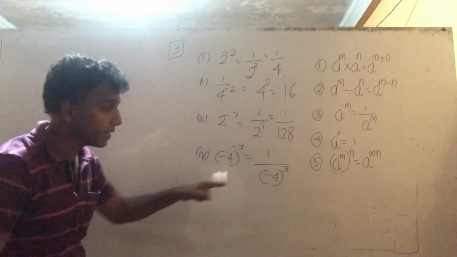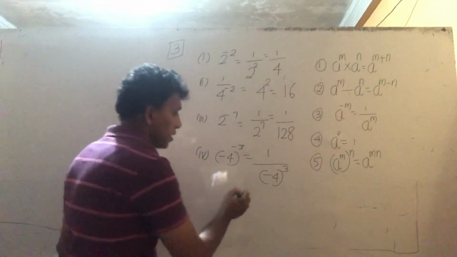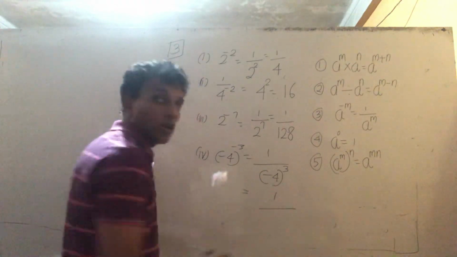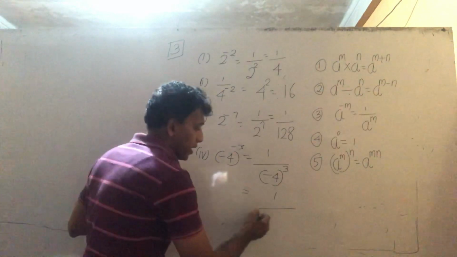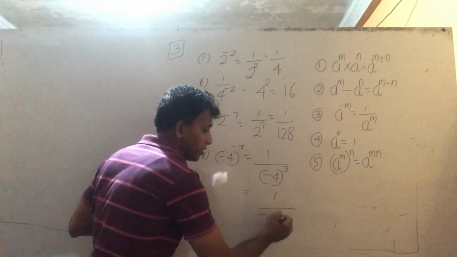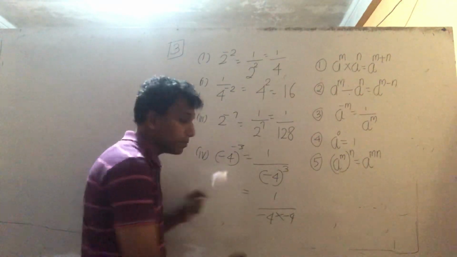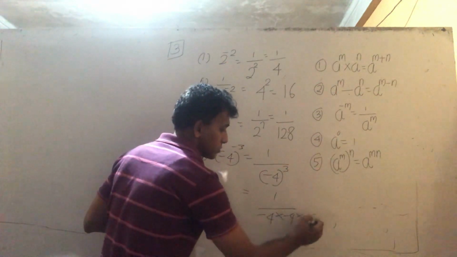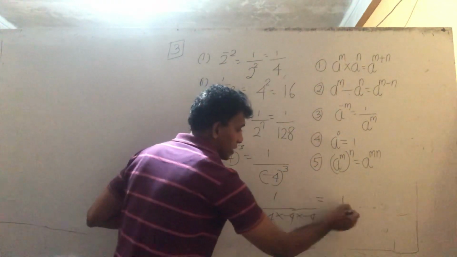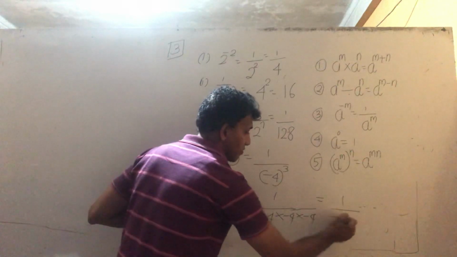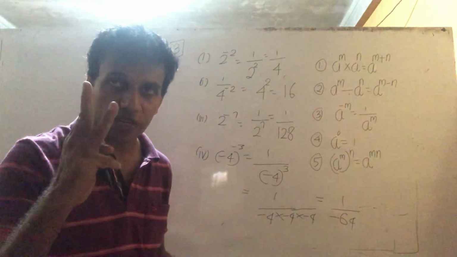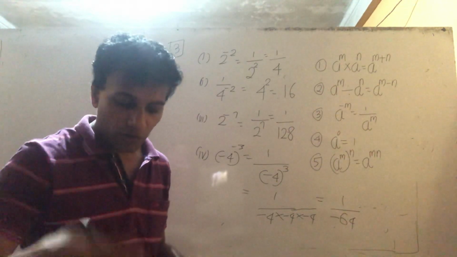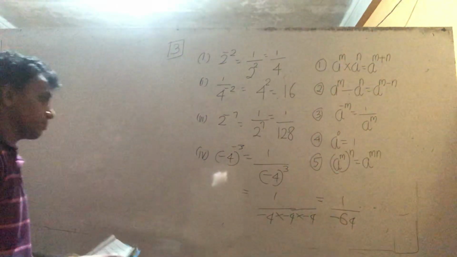Now no minus 3, right? Therefore 1 over, what does minus 4 to the power 3 mean? Minus 4 multiplied by minus 4 multiplied by minus 4. Or otherwise the answer is minus 64. Minus into minus comes 3 times, so the answer is minus, 4 into 4 into 4, which is 64.